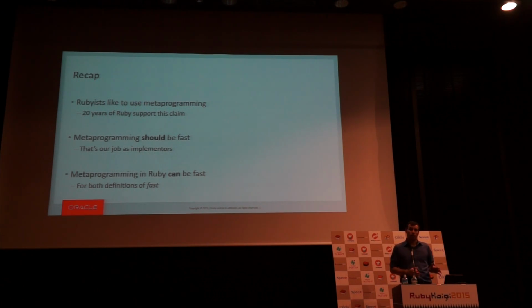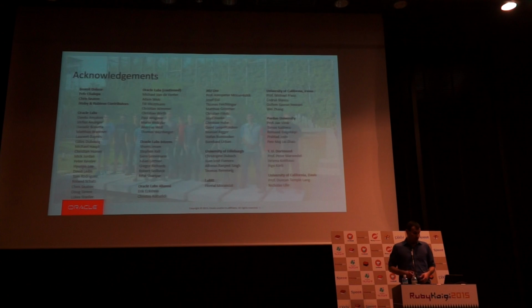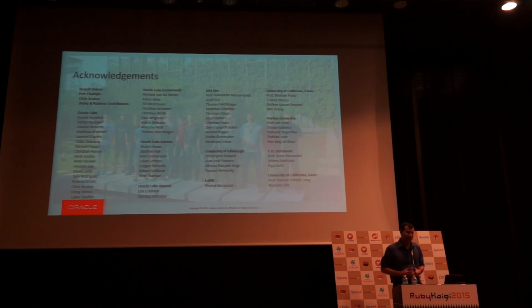So it's fast in the way that Rubyists have come to understand it in terms of developer productivity, but it's also fast now with execution efficiency. And that's about it. The solution here seems really simple, and it is really simple.